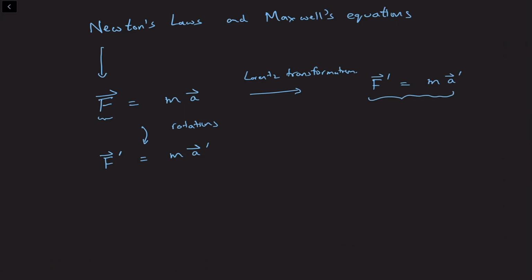But as we've just discussed, the only way to preserve the form of the equation under Lorentz transformations is if the quantity on the left-hand side of the equation and the quantity on the right-hand side of the equation transform as tensors of the same rank.